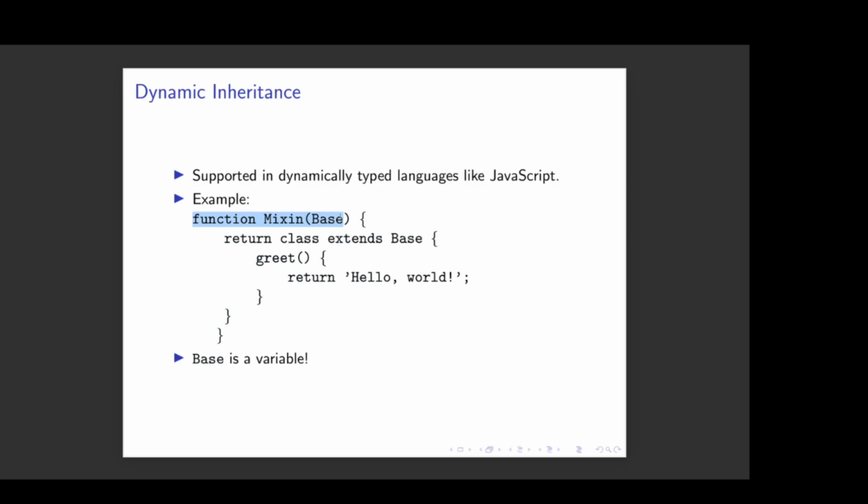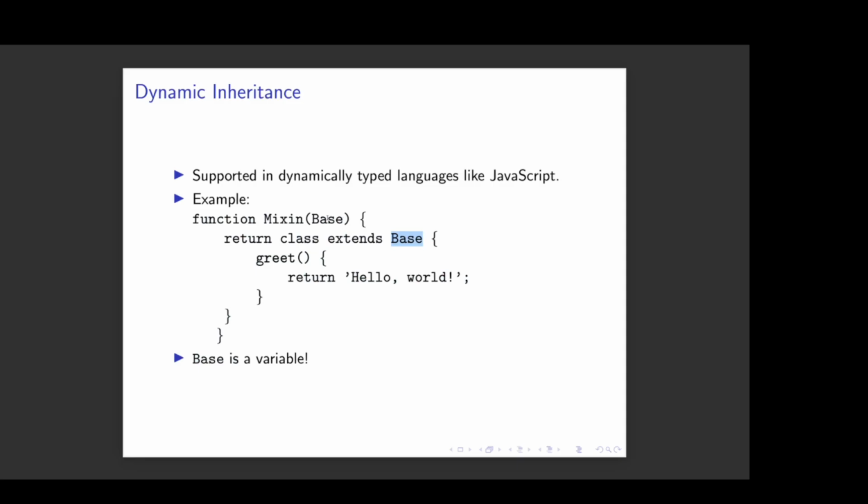Base is just a function argument. What this mixin does is that it returns a class. So it creates a class, and the class that it returns is a class that extends base. Base is the superclass here. And what is base? Well, base is just this argument to the function.